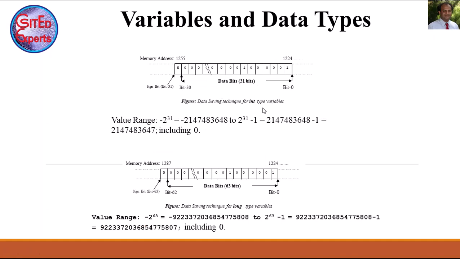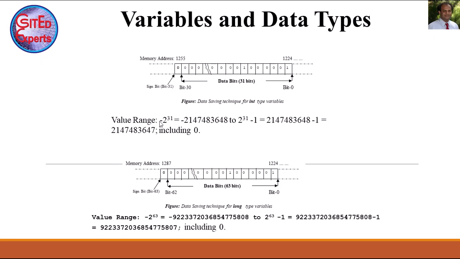And similarly for integer type variables, since an integer takes 4 consecutive memory bytes, among the 32 bits, starting from bit 0 to 31, bit number 31 is reserved to contain the sign bit, and the other 31 bits, from bit 0 to bit 30, are used for containing data.